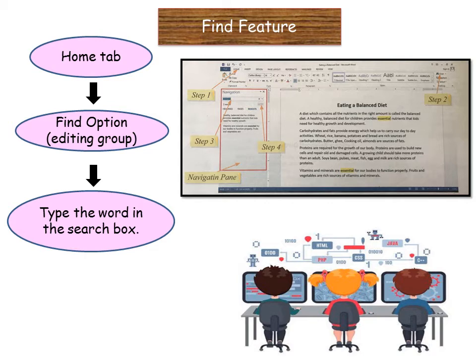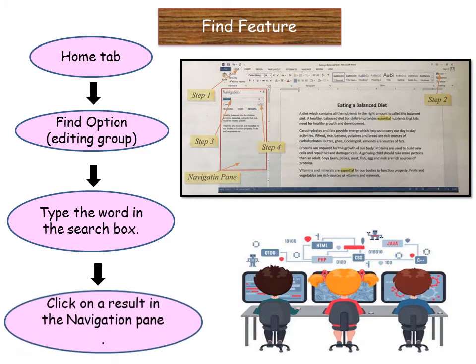Word searches the text you entered and displays the result in the navigation pane and also highlights the word in the document. Then click on a result in the navigation pane.